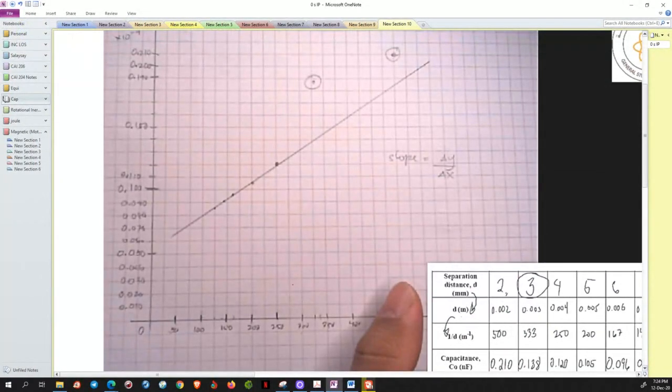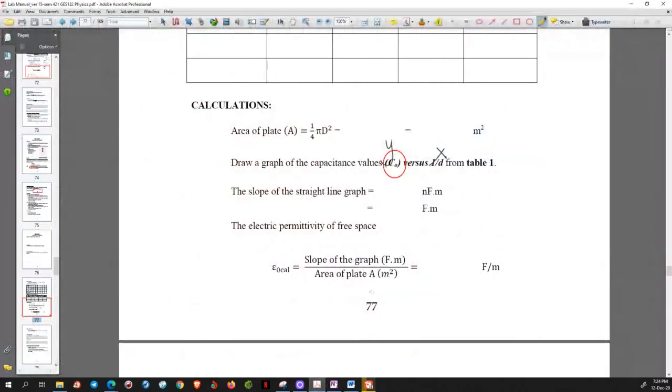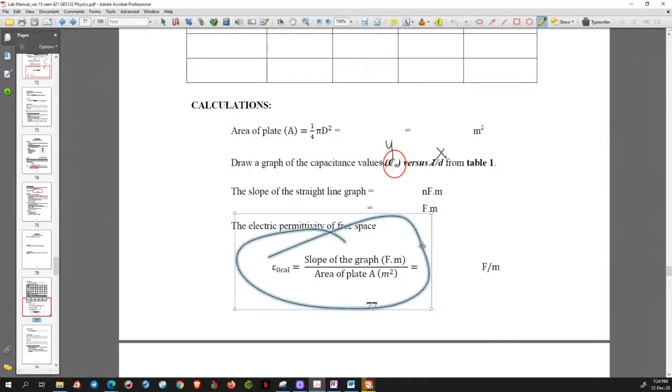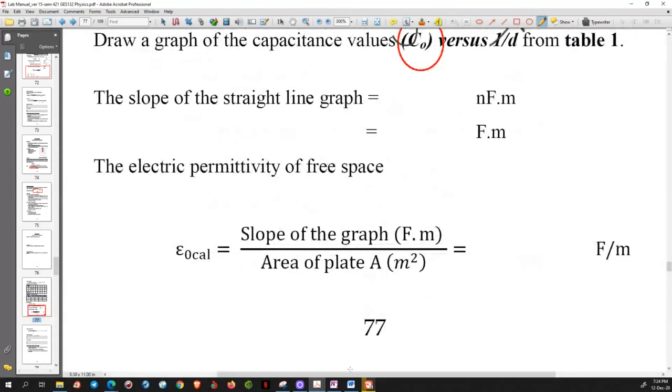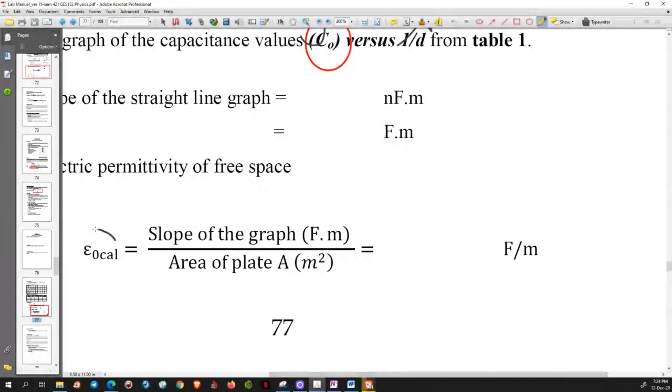There is a way to determine the perfect slope. How is that? Let's go to the data sheet. In my case, the graph is actually quite good, but if we go to the data sheet, this equation is the technique of finding the perfect slope. This equation is to find the epsilon by calculation. So how do you find the epsilon by calculation? The slope of your graph divided by the area of the plate.